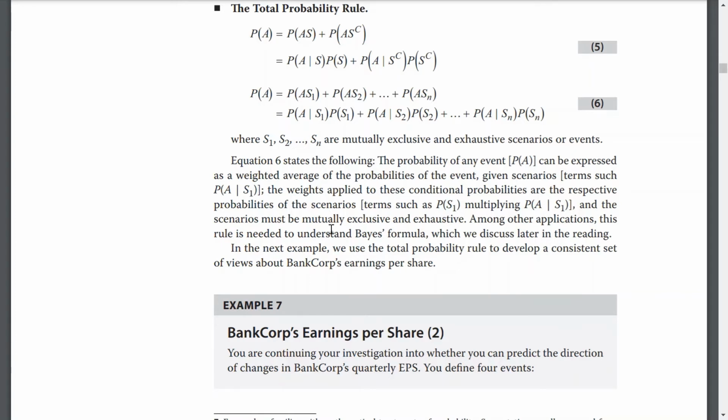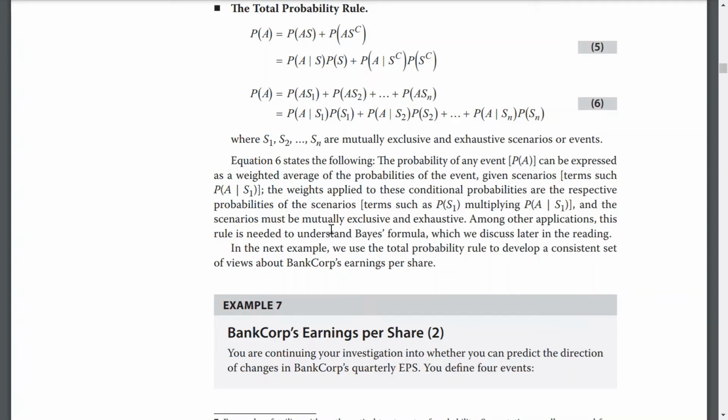Equation 6 states the following. The probability of any event, the probability of A, can be expressed as a weighted average of the probabilities of the event given the scenarios. Terms such as the probability of A given S1 are the conditional probabilities.